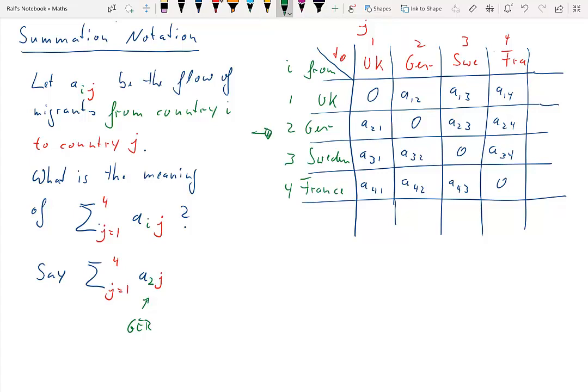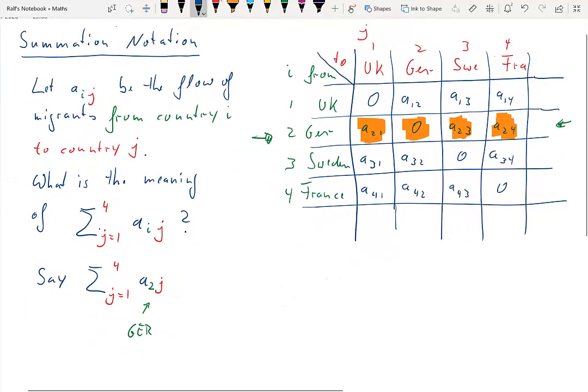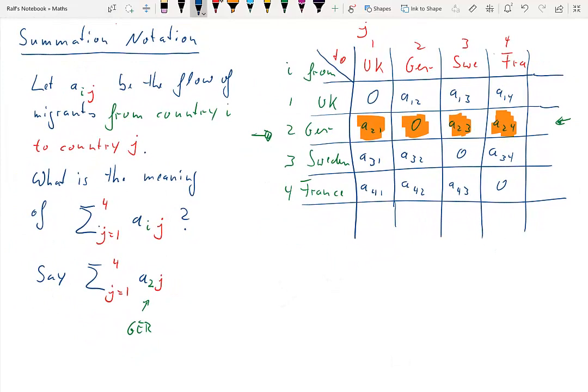So in other words, we're thinking of this row in our table, that second row. That's the only data we're concerned with now. And then we're adding up all the A2j, A21, A22, A23, and A24. That's what this summation is. It's adding up all of these A2j values.